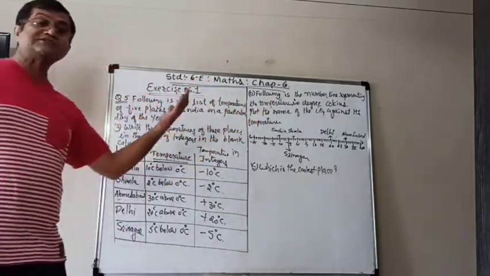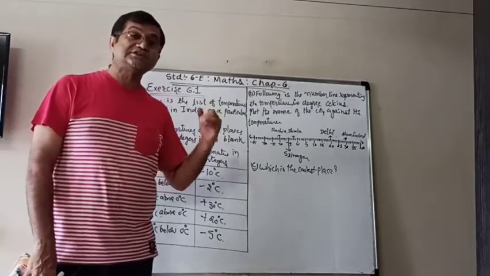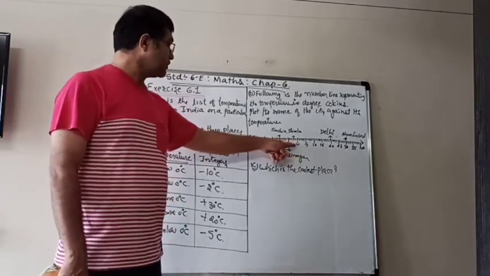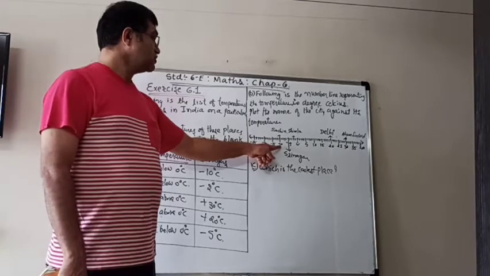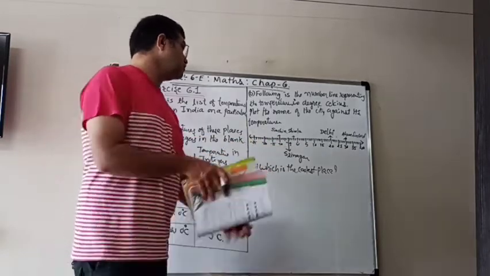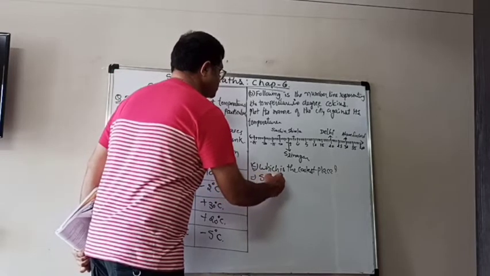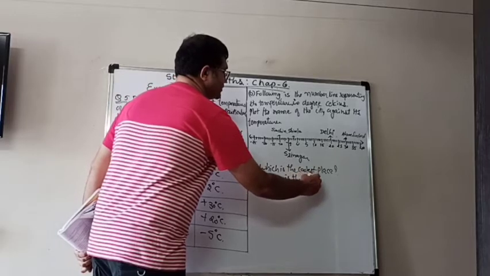It means it must be on the leftmost side. So which city is on the leftmost side? If you see from here, the last one is Siachen. Right? So Siachen is the coolest place.